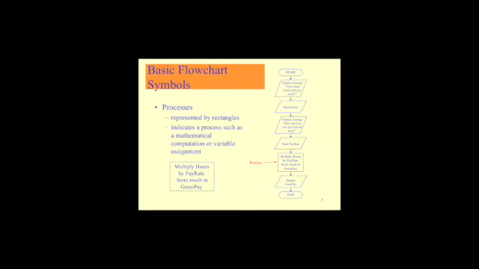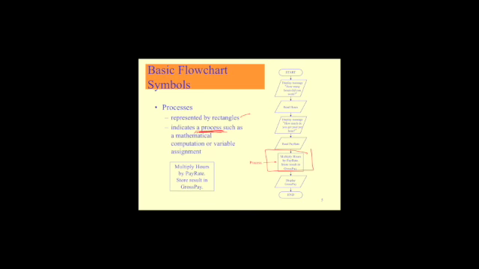Moving on to the next shape, a rectangle, which indicates the process, a very important word that we're going to use in our robotics classes, such as mathematical computation or variable assignment. In our robotics, a process might be to calculate the number of steps, the number of rotations your robot is going to move, or the angle the robot is going to turn.